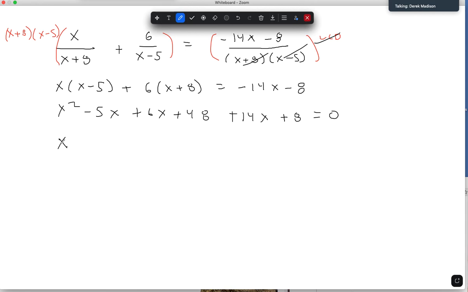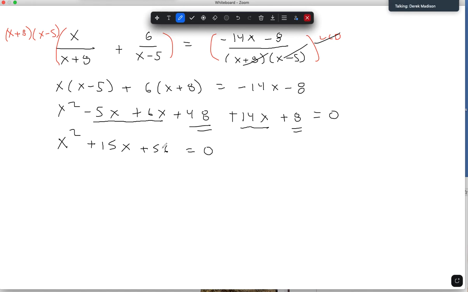And now we'll go x squared. We've got a couple of x's there and some here, so down 5, up 6 would be 1, plus 14 would be 15x, and then 48 plus 8 would be 56, equals 0.